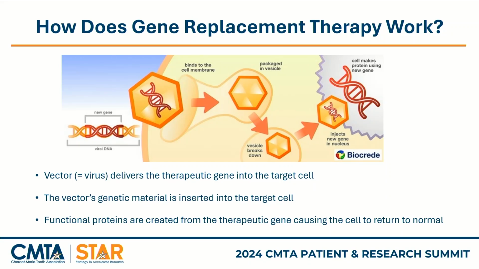For those of you who were in the demyelinating CMT session, Rachel Saltzman gave a really spectacular display of how this has worked well in models of CMT1A. Essentially, we're just using that virus as a temporary delivery vector to get the correct version of the gene into the cell and restore the function of that gene so that we can essentially try to cure that neuropathy.